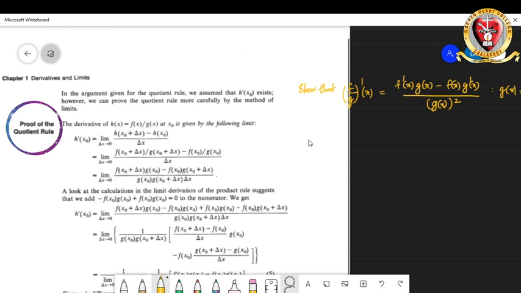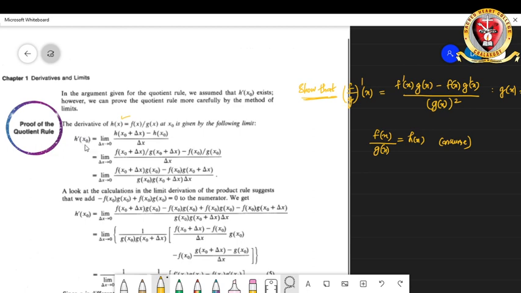So we are treating f of x by g of x as equal to h of x. We are assuming it in the proof. Okay, so we have assumed it here, and we are finding h dash of x.